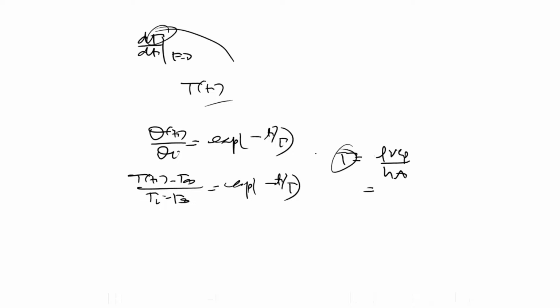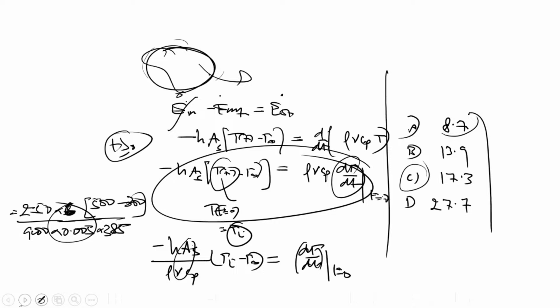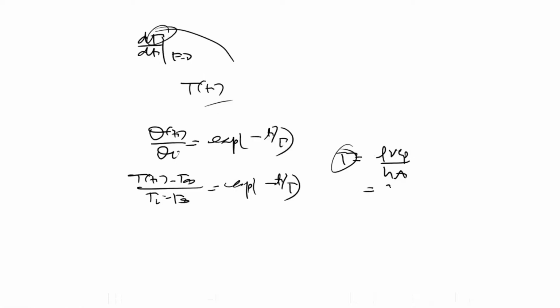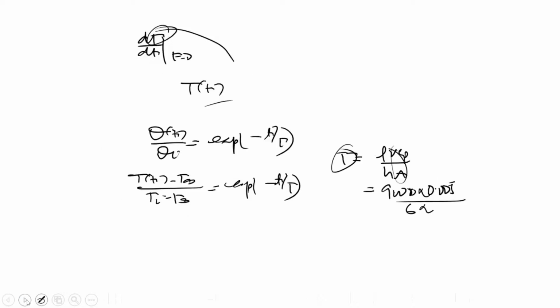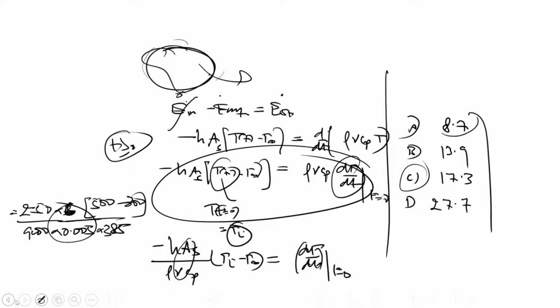Then you can find the tau in seconds. Density is how much? 9000. Volume by surface area will give you d by 6, so 0.005 upon 6, 5 millimeter. And h is 250.